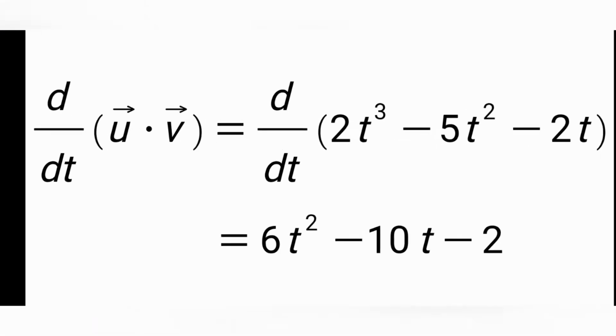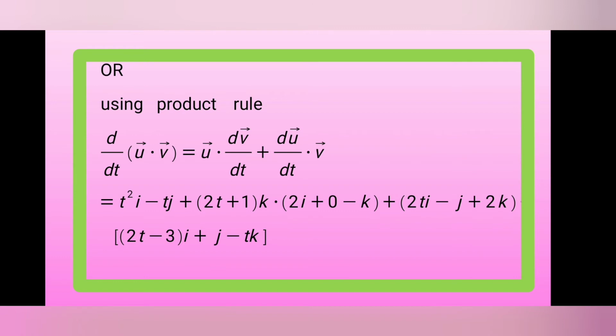Or using the product rule, we can solve this. The product rule is d/dt of (u · v) is equal to u · dv/dt + du/dt · v. Here we will have to find the derivative of v and also the derivative of u.